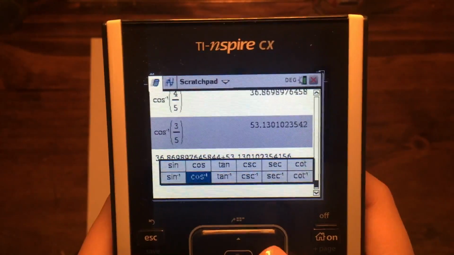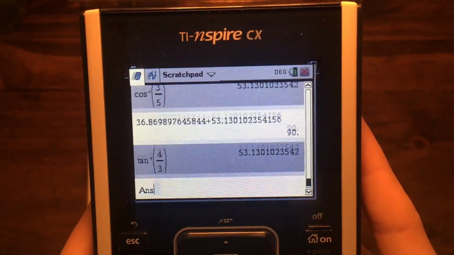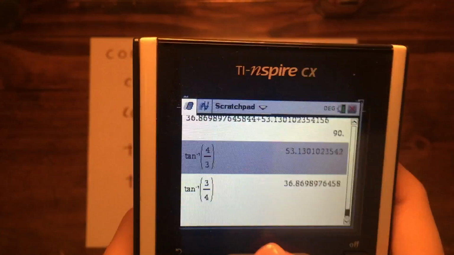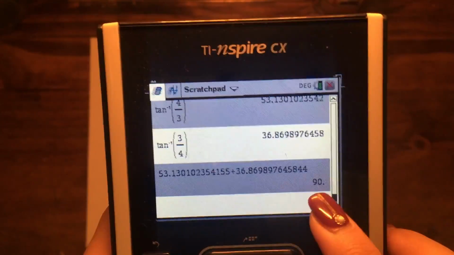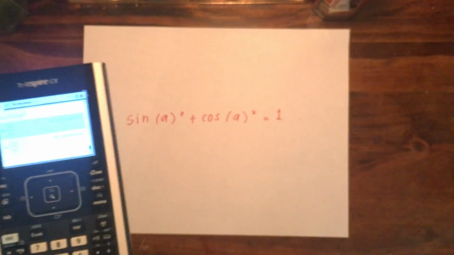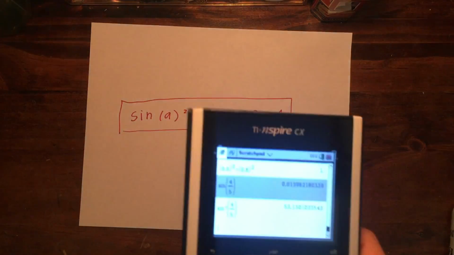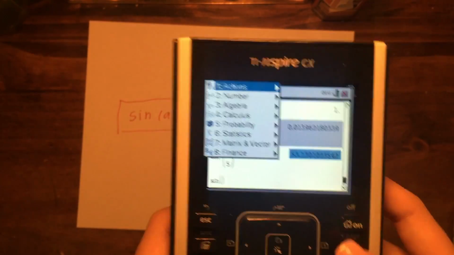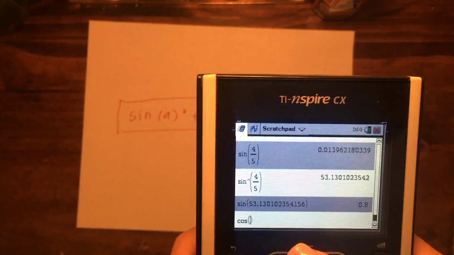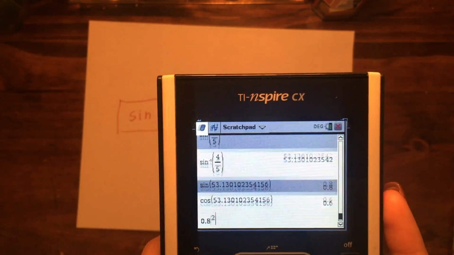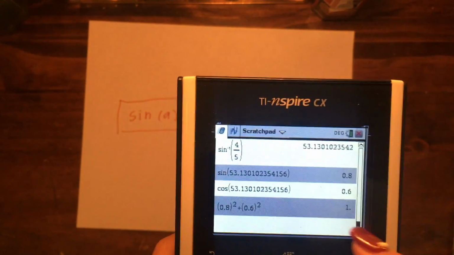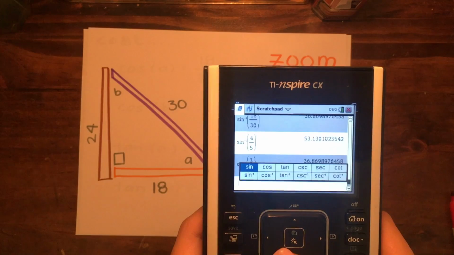Adding up all the degrees of the angles in the triangle, including the right triangle, it will add up to 180, because that's the total of the inscribed angles inside a triangle. Now we have a rule: sine A squared plus cosine A squared equals 1. And as you can see below, if we square the result, we get 1.